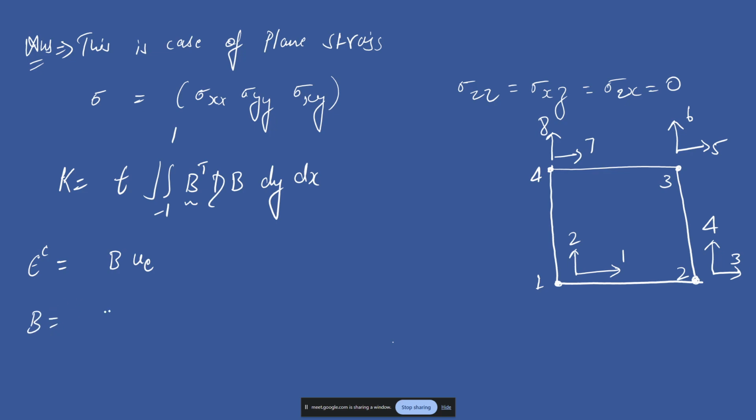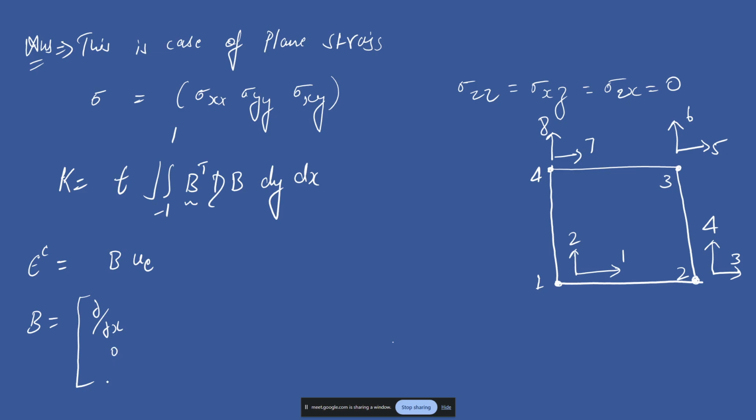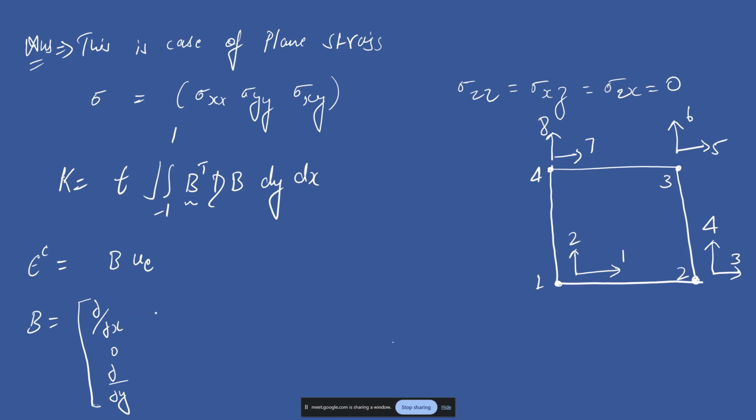Your B for the case of the plane stress element is del by del x, 0, del by del y, 0, del by del y, then del by del x.